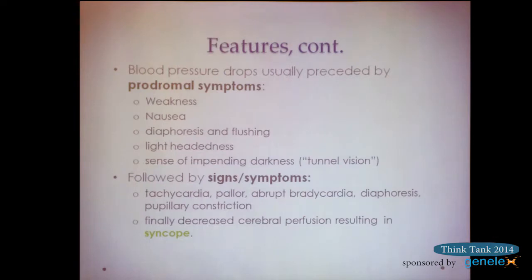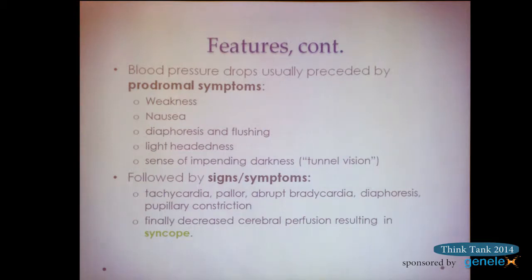So the blood pressure drops are usually preceded by prodromal symptoms: weakness, nausea, diaphoresis, flushing, lightheadedness, and a sense of impending darkness or tunnel vision. Sometimes we see various descriptions, speckles in front of my eyes, tunnel vision, the shades coming down, all of these kinds of descriptions we hear. This is followed by signs and symptoms of the blood pressure being affected.